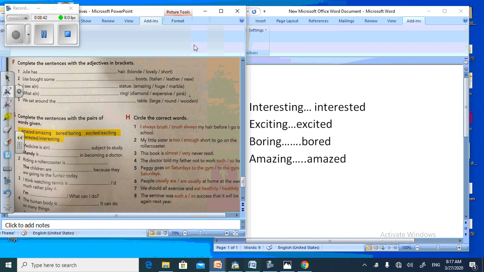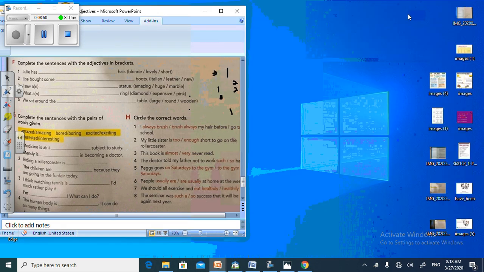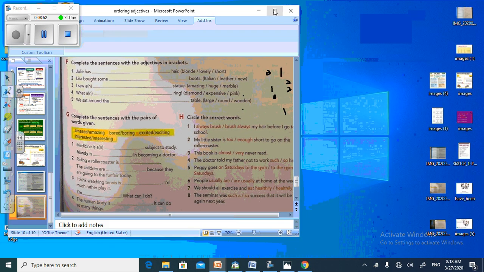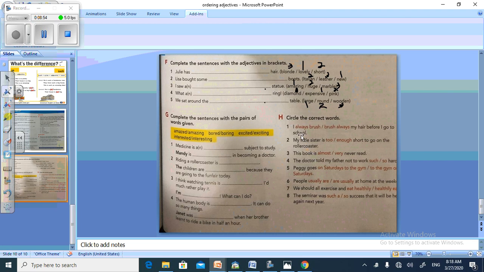Let's move to exercise H. I always brush or brush always? Always brush, because we said that always comes before the main verb.